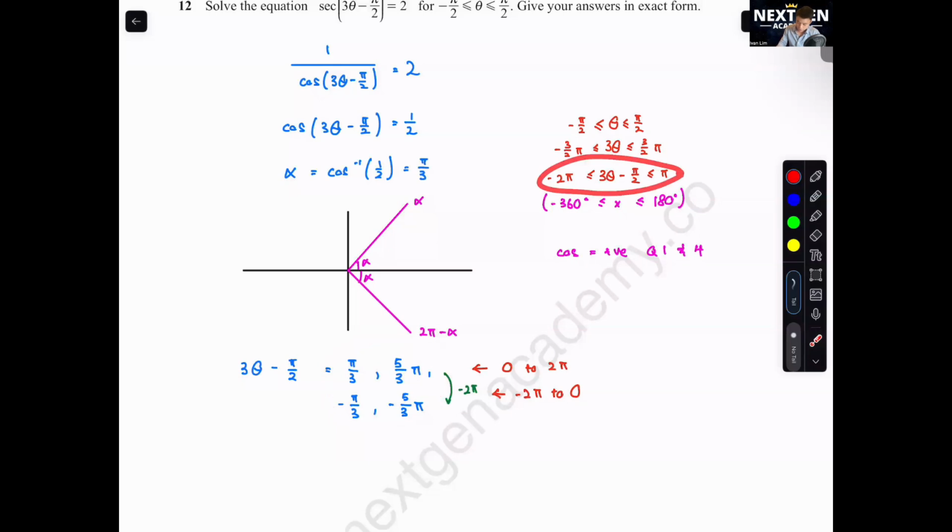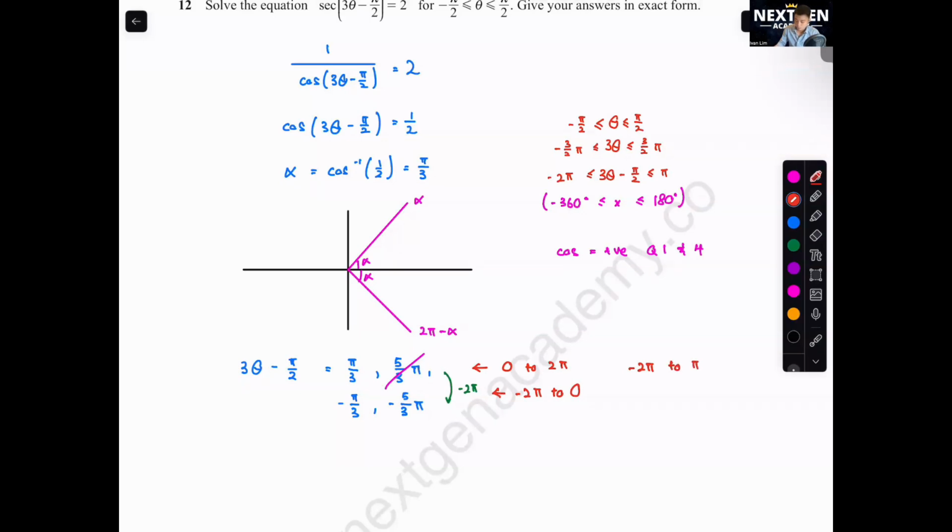One of them is out of the range, which is this one, 5 over 3 pi. So we don't want this 5 over 3 pi, because we only want from minus 2 pi to pi. So we remove 5 over 3 pi.